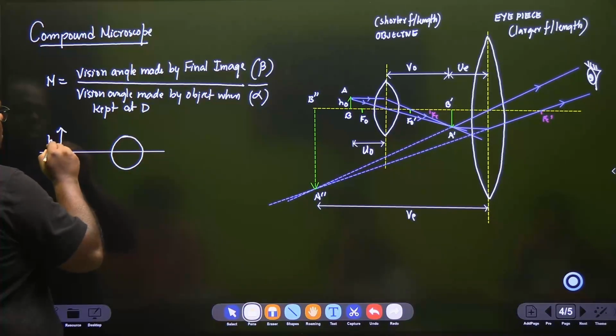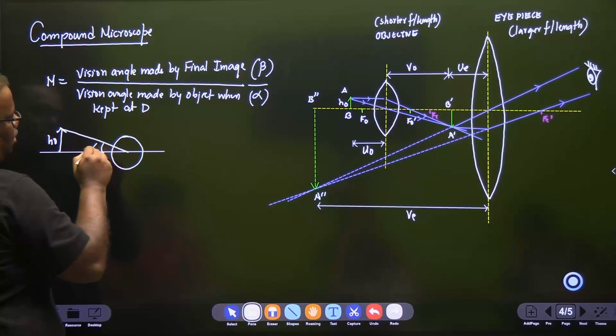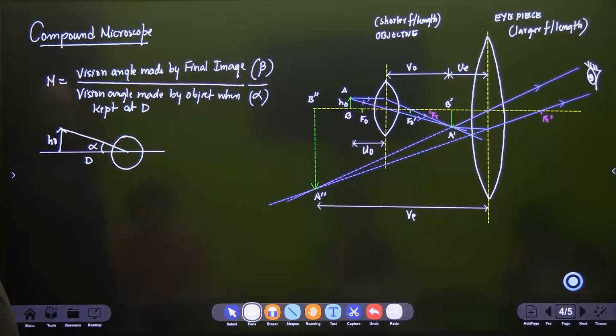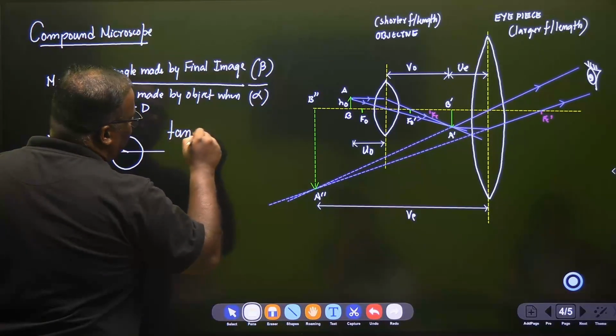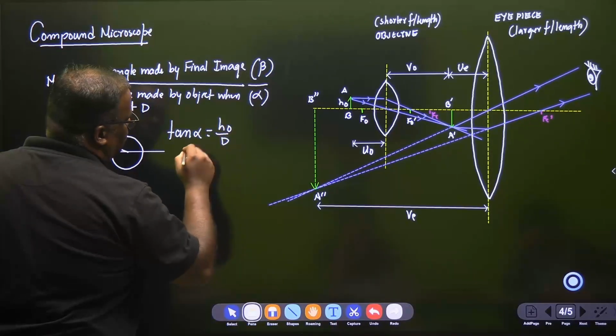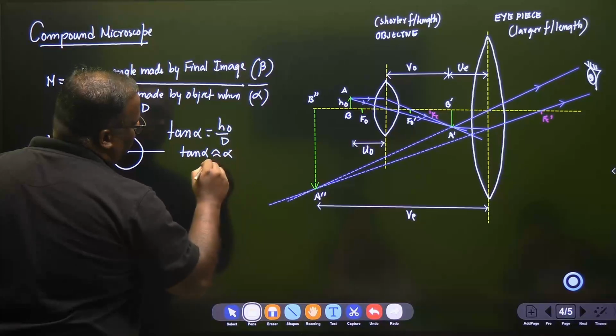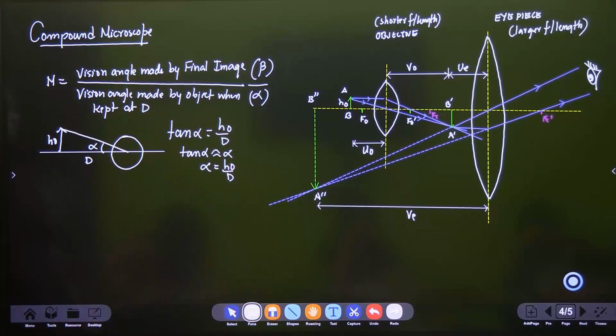Height of the object is HO, this distance is D, and this angle will be your alpha. So the same problem, tan alpha will become equal to how much? HO upon D, which means tan alpha is approximately equal to alpha, so alpha is equal to HO upon D. No change in this.